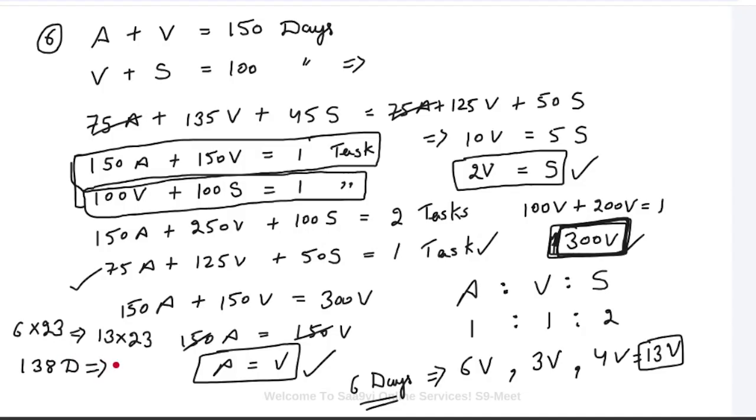That will be equal to 299 units out of this 300.